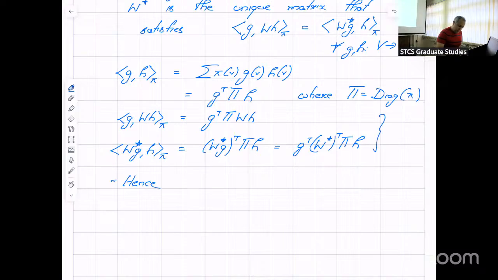Hence, pi W should be equal to W star transpose pi.